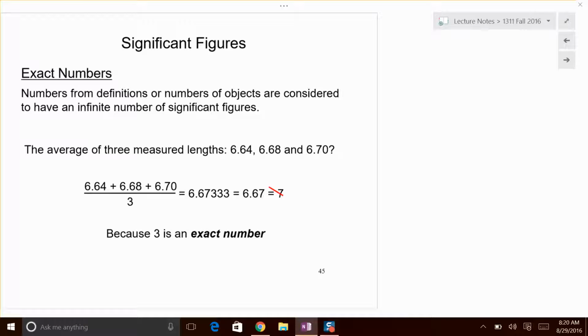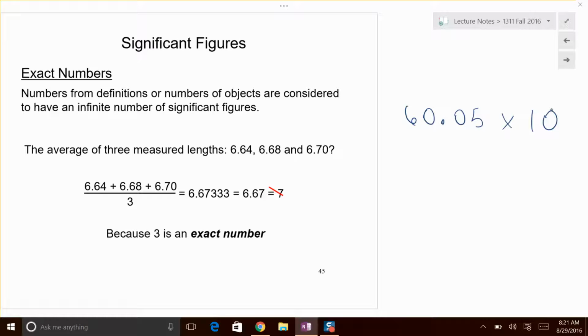So if I say there's 60.05 times my 10 beakers, whatever that would be, and I want to report this to the least number of significant digits, how many digits would I report my answer to? 4.